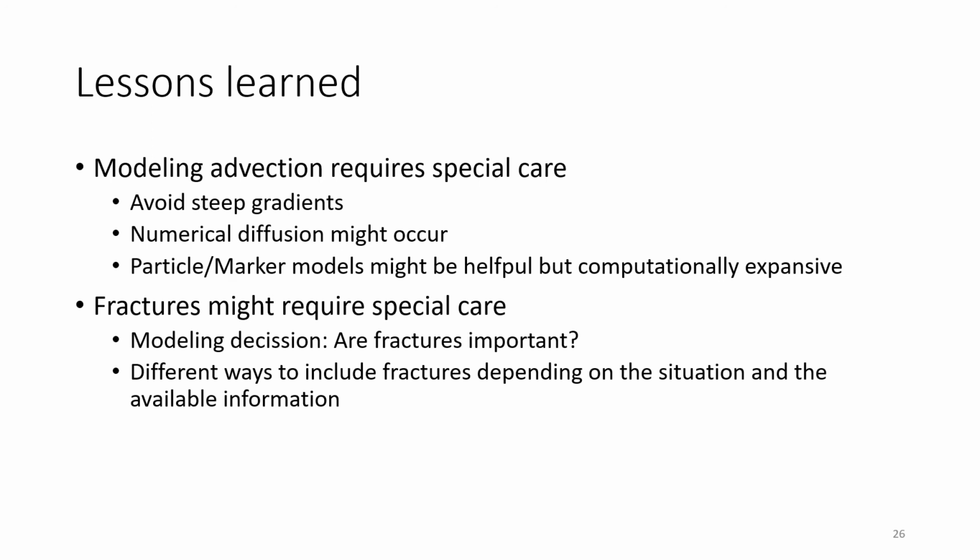But if you combine numerical diffusion with a regular diffusion, numerical diffusion might emphasize this diffusive effect over what would be expected based on the physical process. And then remember those kinds of particle models which you might come across in some tools, which can be helpful, but also might be computationally expensive.